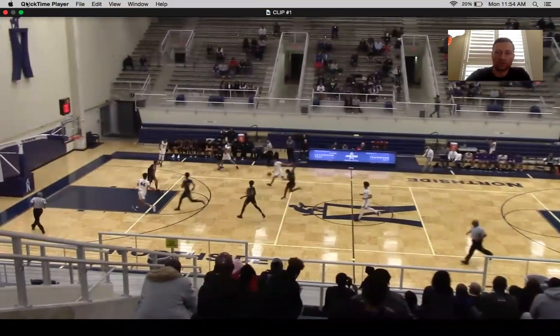Okay, so when we're breaking down film, first thing we want to look at is positioning. And for y'all that follow my podcast or anything that we put on Facebook, always go to positioning. First thing, when we have the point of the foul, let's look at all three officials' positionings.